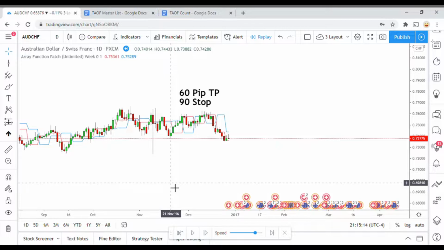All right, as I said, today's indicator is the array function patch. Now, it's a little bit of a strange name. I'm not sure if maybe this was technically called the array function, and maybe it's some kind of fix for the indicator that was the array function, which would explain why they added the patch onto it.